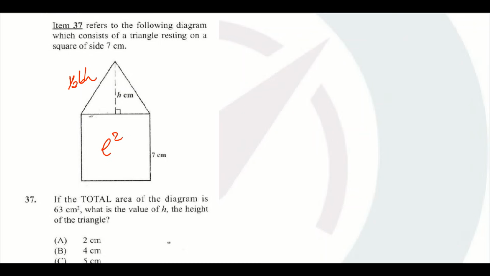So the total area is equal to the area of the triangle, which is half base times height, plus the area of the square, which is L squared.